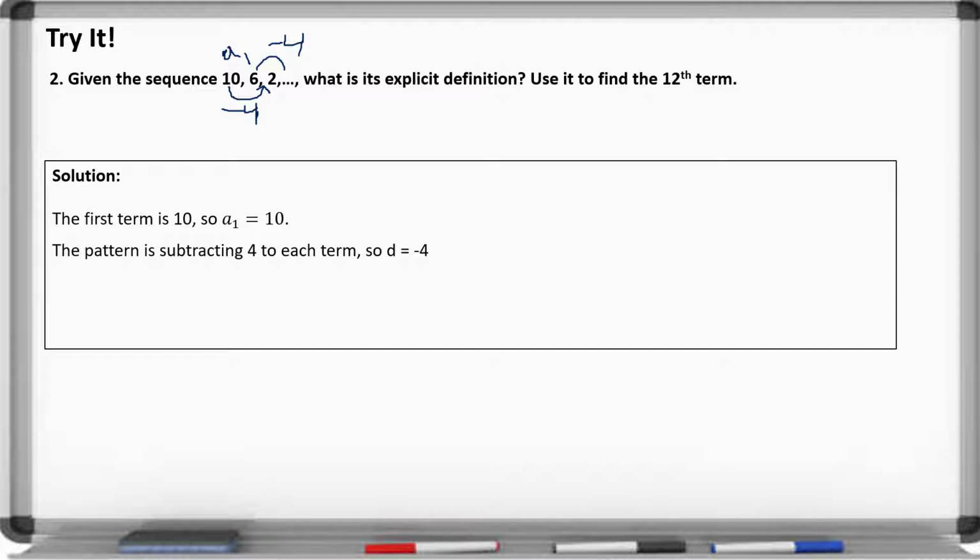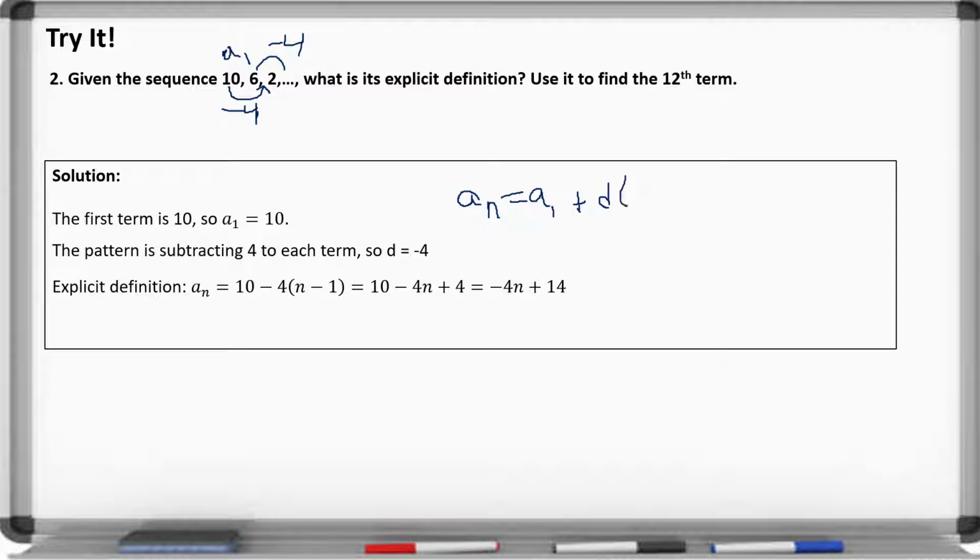So now remember our explicit definition, AN equals A1 plus D times N minus 1. Now we know what A1 is, we know what D is, and so we can just plug it in. So we have AN equals 10 minus 4 times n minus 1.